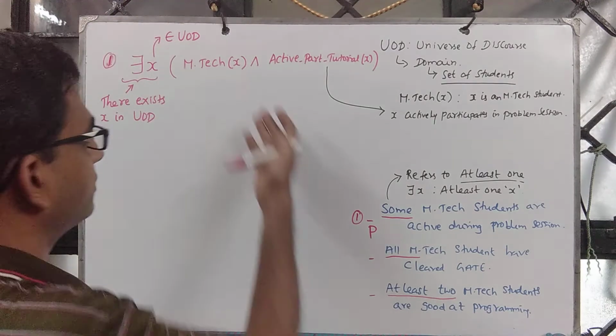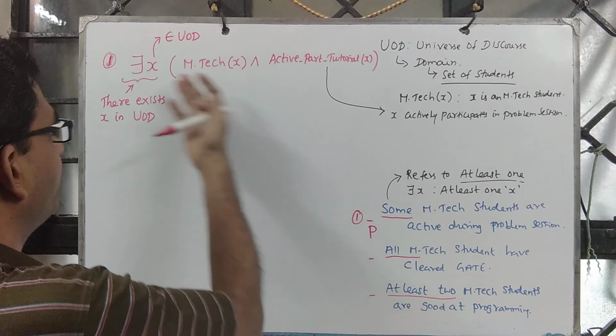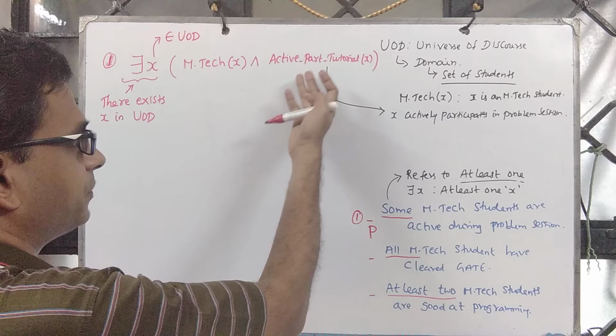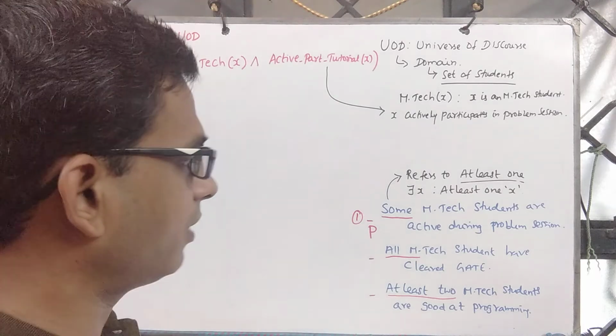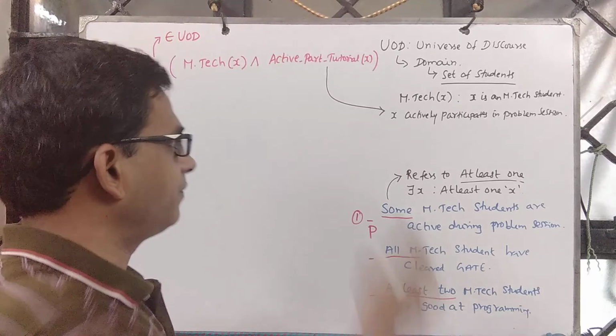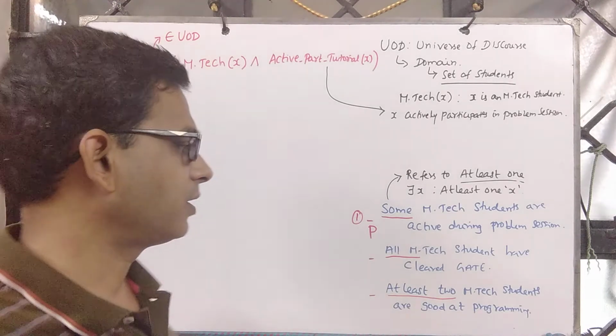And this gives you so much. It tells you that X is an MTech student, how many X are participating, and whether X is participating actively in the tutorial or not. Everything is given. So even with predicate logic there are limitations, but it is better than propositional logic.